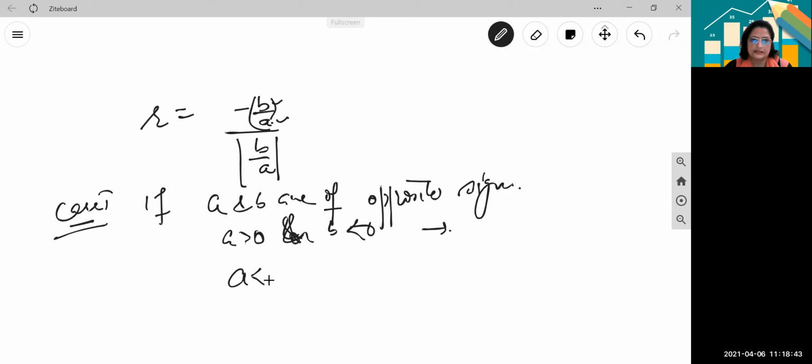Then a is less than 0 and b is greater than 0, right? Then if we take the minus outside, it implies in this case what you will have, it implies a greater than 0, b less than 0.